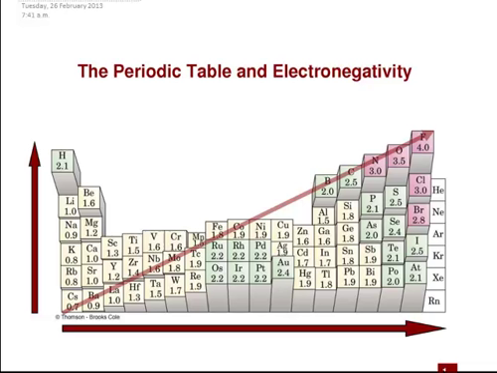Okay, and this table shows it. And if we look at it, as you go across a period, it increases, and as you go up, okay, and that should kind of make sense.